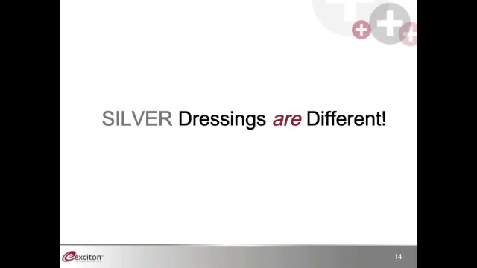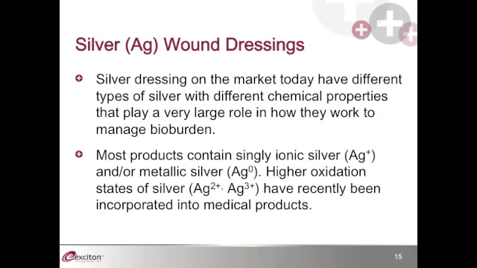With this understanding, we can begin to comprehend that silver dressings are indeed different. Amid all the options of silver dressings available on the market today, it is important to know that those dressings contain different types of silver, and those types of silver have very different chemical properties, each playing a significant role in how the dressing as a whole manages bioburden.